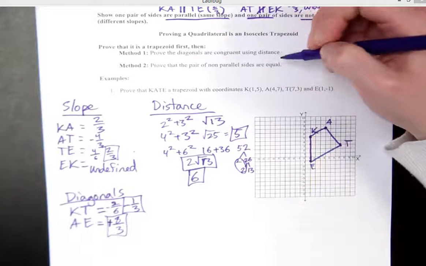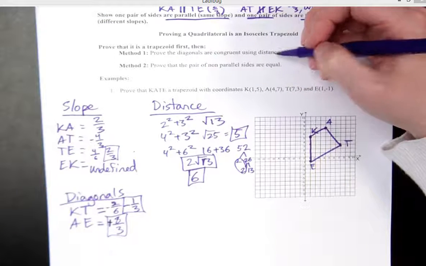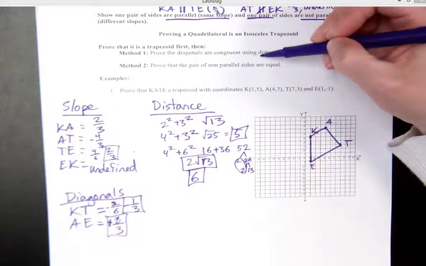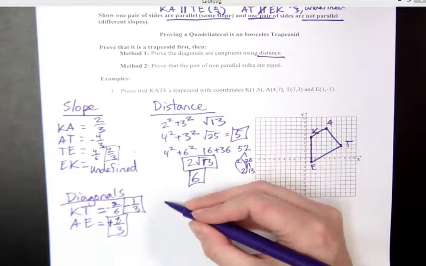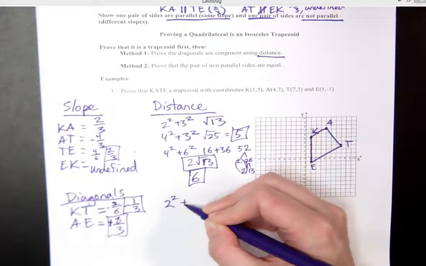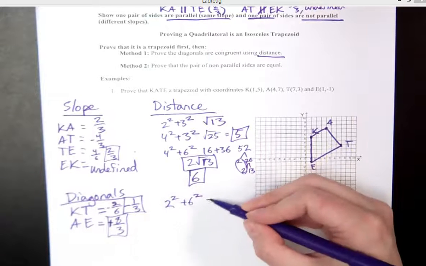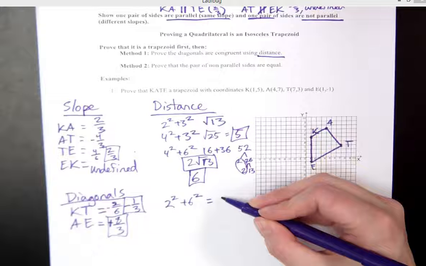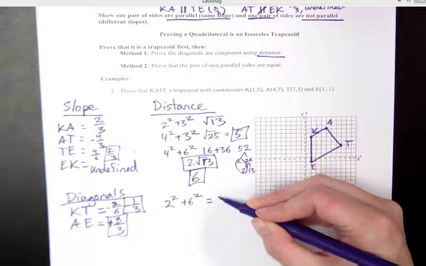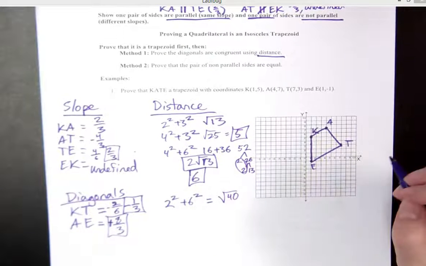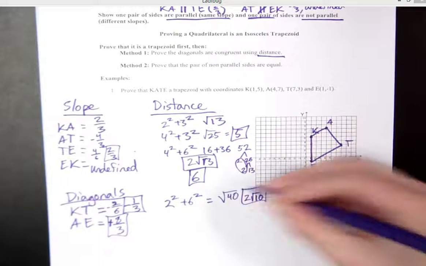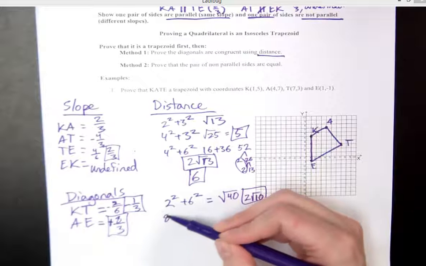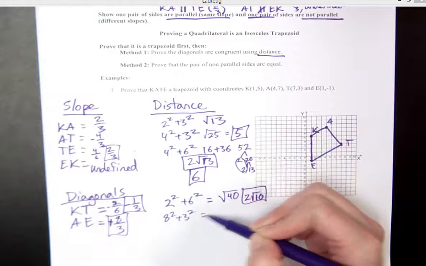What do we need now to find next? Diagonals are congruent using distance, right? So we're going to take those and just plug them into our Pythagorean theorem. 2² + 6², and that gives me square root of 40. Anyone knows what that simplifies to? 2√10, right? You guys are getting really fast with this. Alright, and then AE would be our 8² + 3².